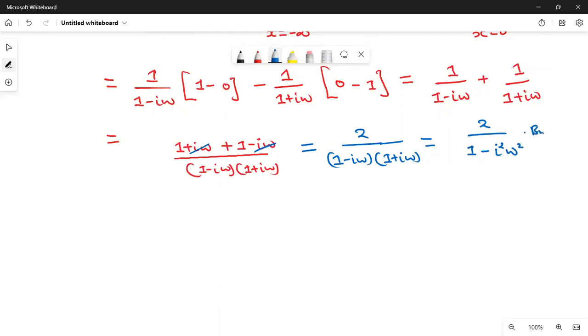But i squared is negative 1. So therefore our answer here, the Fourier transform of f(x) should now give us 2 over 1 plus ω squared.